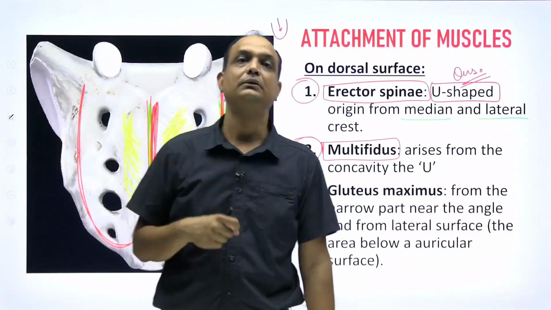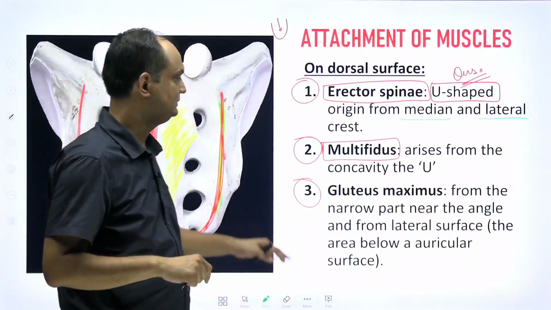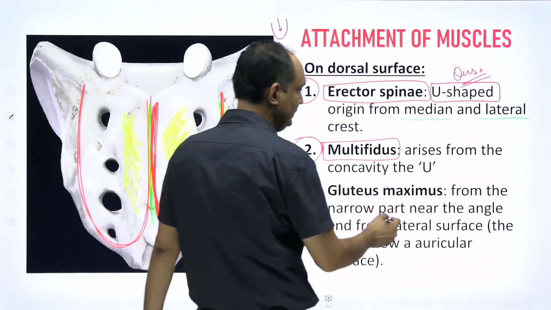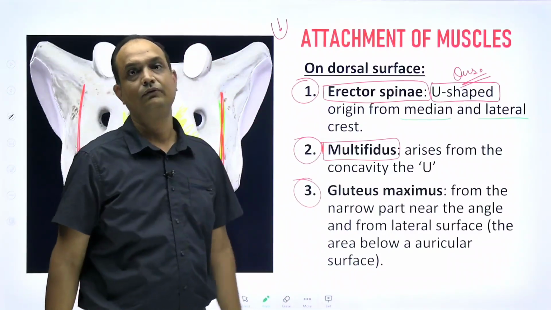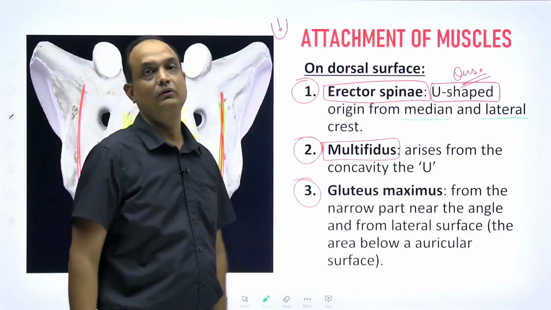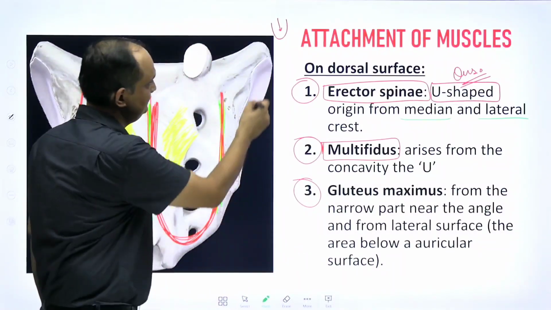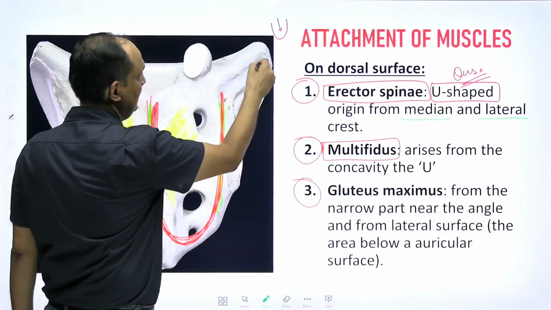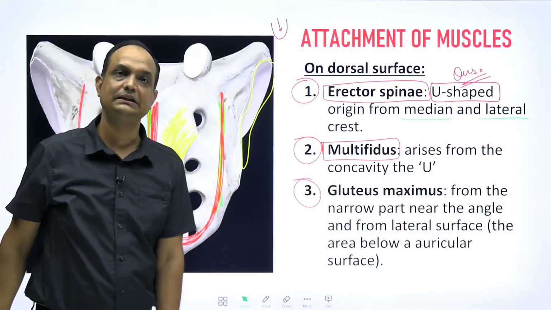Now, you have one more muscle, gluteus maximus. This gluteus maximus arises from a narrow part near the angle and from the lateral surface of your sacrum below the articular surface. This is your articular area, and this articular area is going to make a joint with the adjacent hip bone.